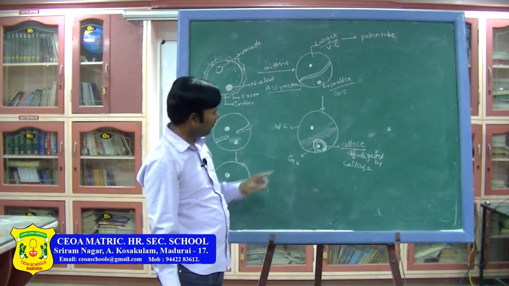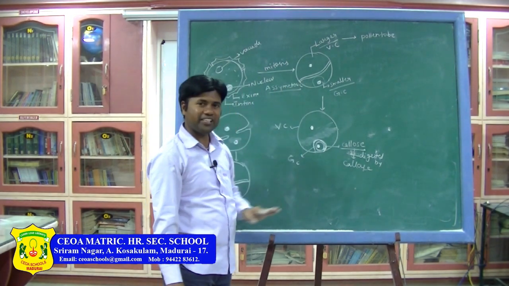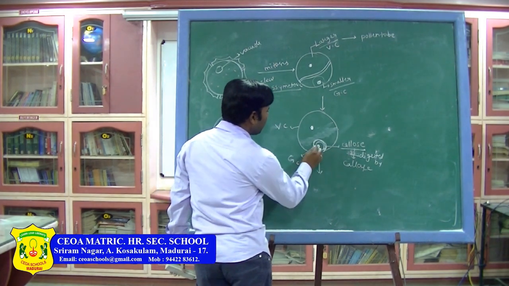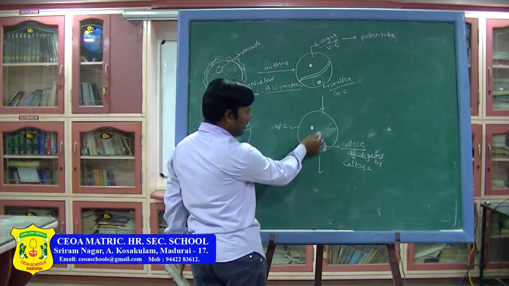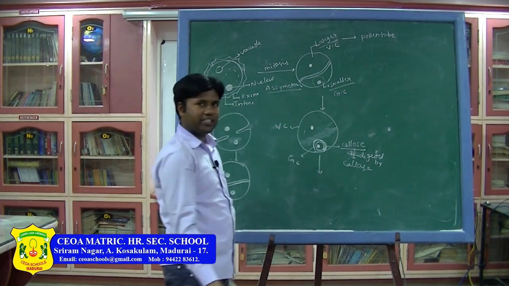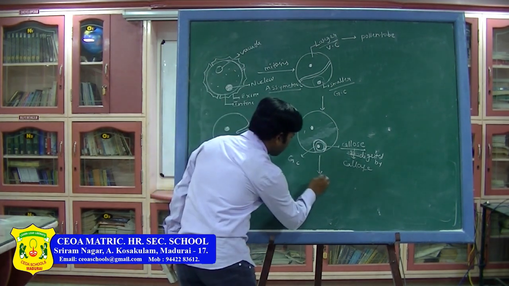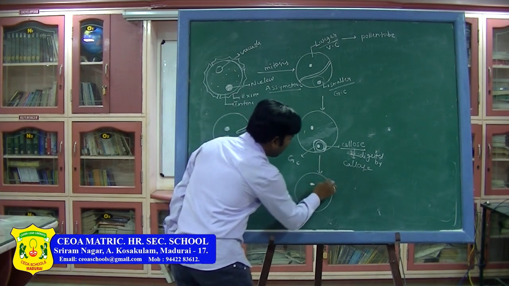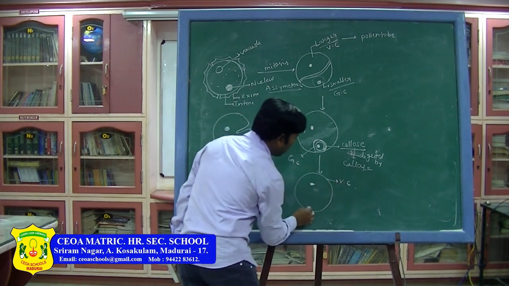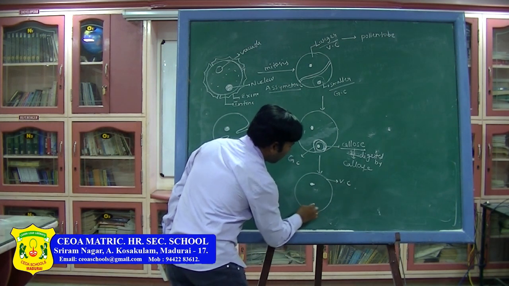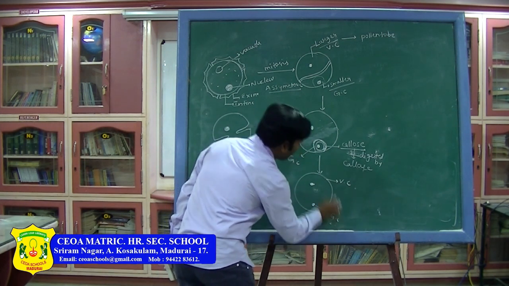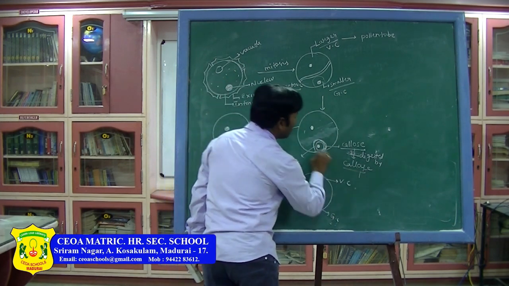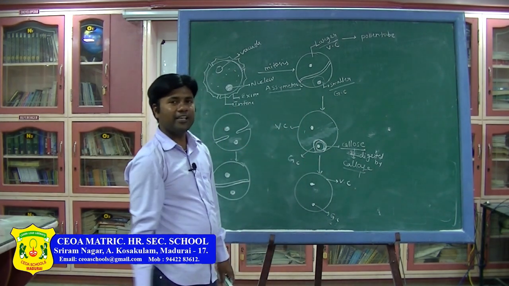Now after the callase enzyme activity, in the next step what happens? It will float in the cytoplasm of the vegetative cell. Now this is the vegetative cell nucleus, then this is the generative cell. Why? Because of callase enzyme activity, this will be degraded, the cell wall is degraded.